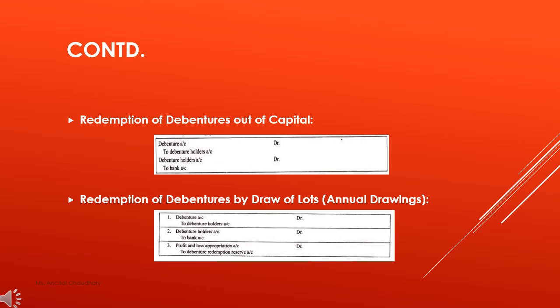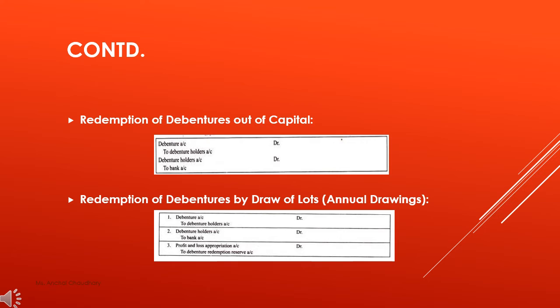So it's a very unusual or rare case. Again, the company may utilize its working capital to redeem the debentures.